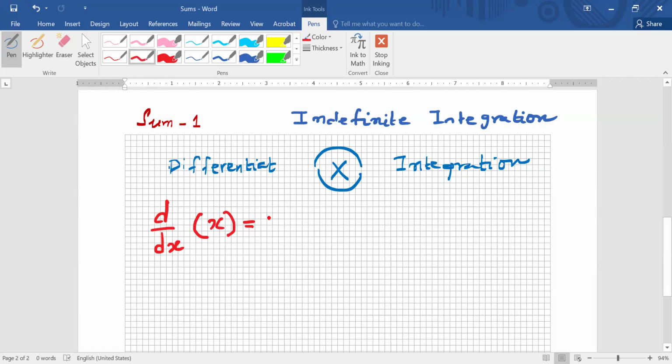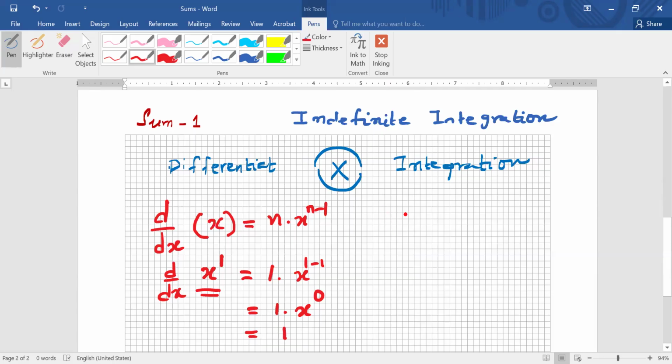It will be n into x power n minus 1. But what is n? For x, simply the variable, the power is 1. So the answer of d by dx of x power 1 would be 1 into x power 1 minus 1. So this will become 1 into x power 0. From the principles of exponents and powers, x power 0 is nothing but 1. So the answer would be 1.